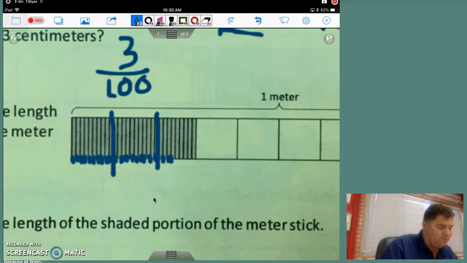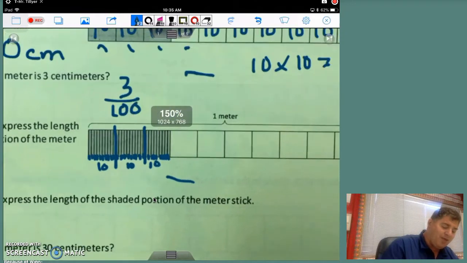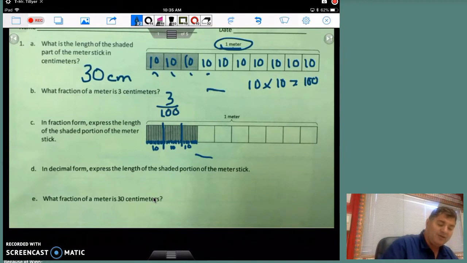So there's 10, 10, and 10. There's 30. But if we were to count the whole thing all the way across, you would know that there's actually 100 all there, exactly the same as up on the top.